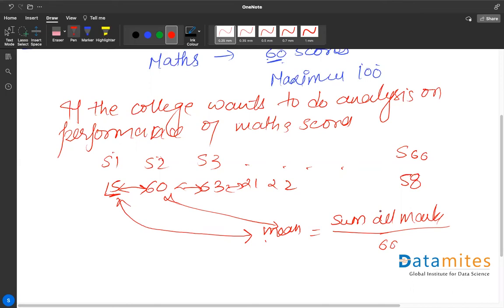So let me get one more example for variance. What can be the other example? You can say, let's assume you are investing in stocks, and you are gaining profits over a few months. So you can analyze how your profits are changing. So that can be another example.